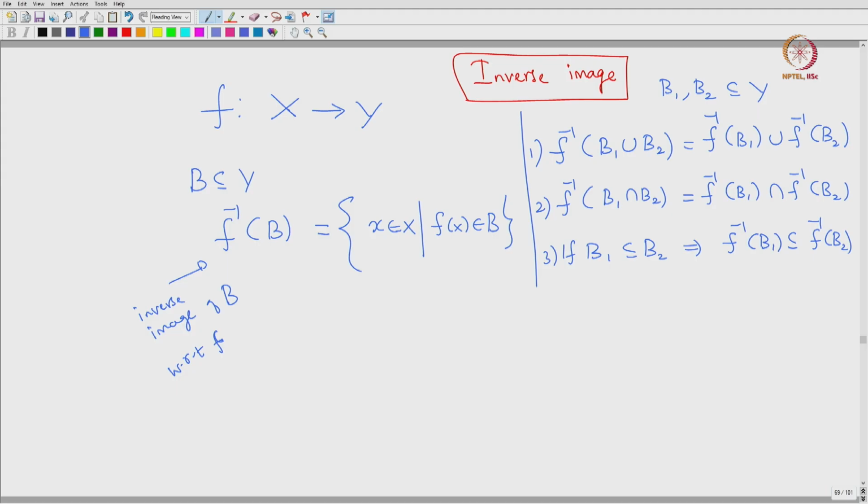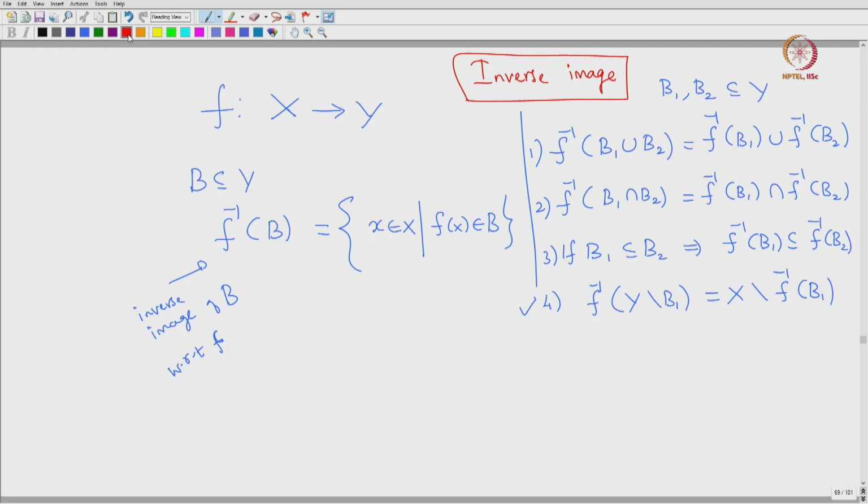And similarly, if I take f inverse of Y difference B1, this is going to be exactly equal to X difference f inverse of B1. So basically the inverse image behaves very well with respect to the set operations. And it is not actually very difficult to verify these things. So maybe let me do this fourth one, and the remaining ones I will leave as exercises.